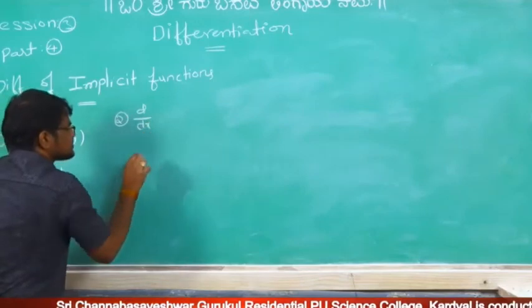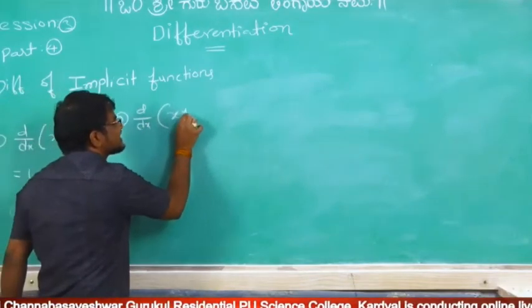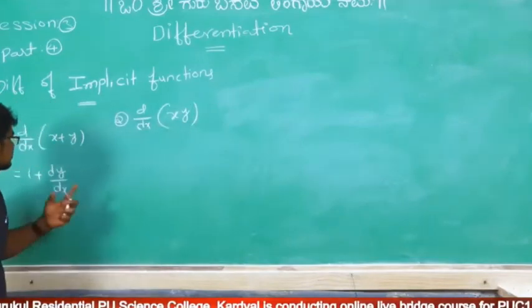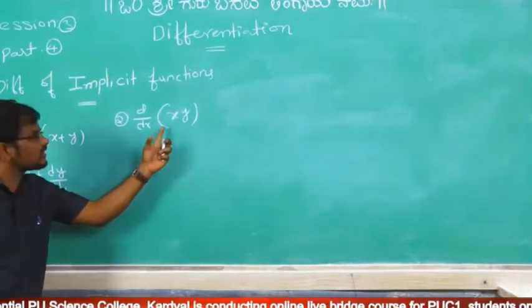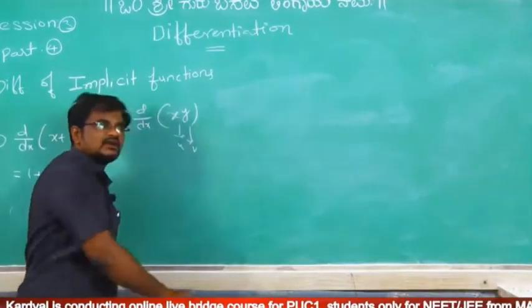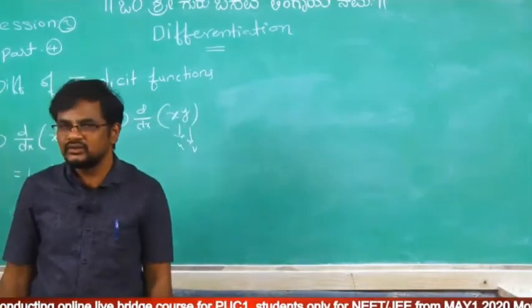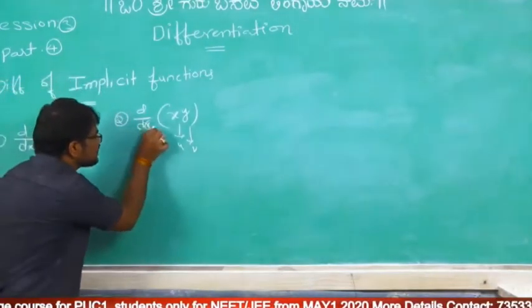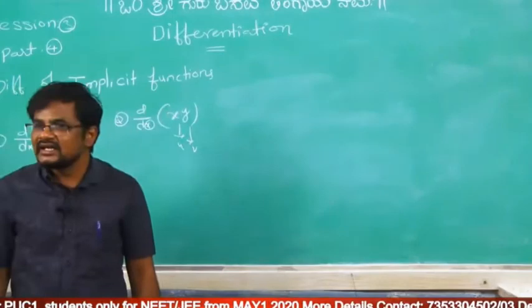Next, d by dx of xy. Here it is a product of two terms. Product of two terms means which formula do we have to use? The UV formula, which you already know: u dv by dx plus v du by dx. But we are doing the differentiation for x only.